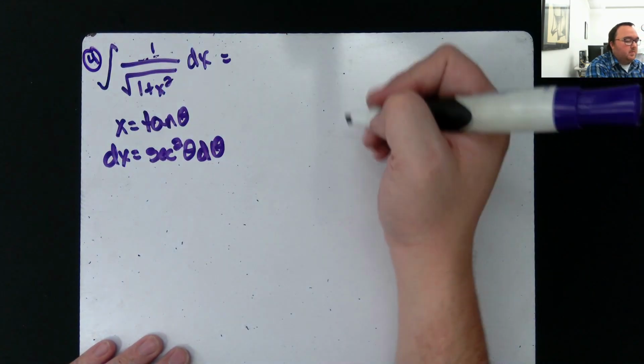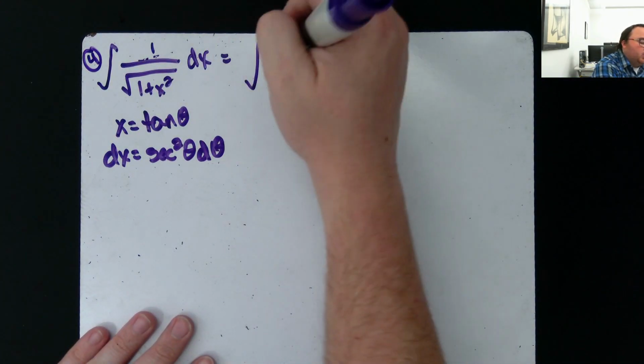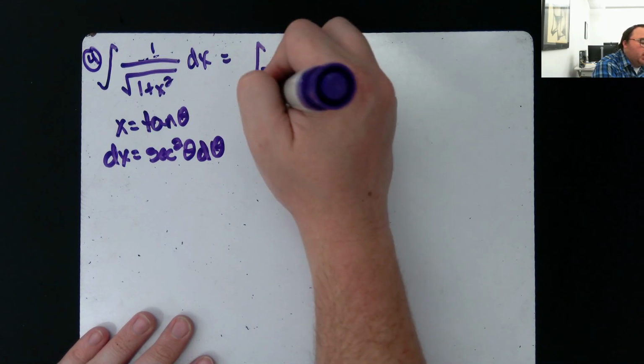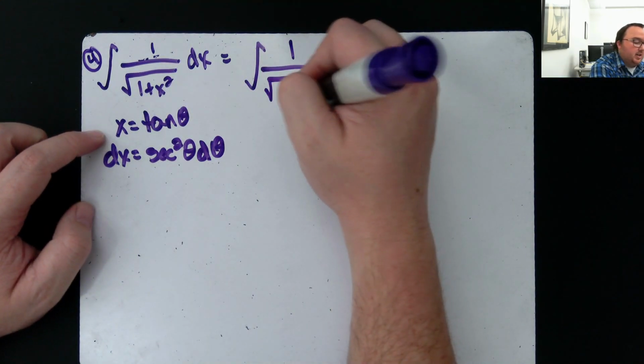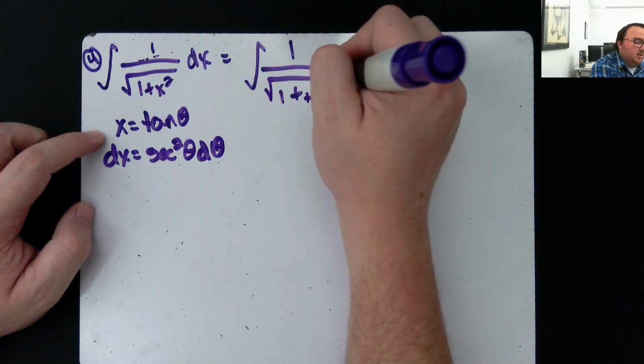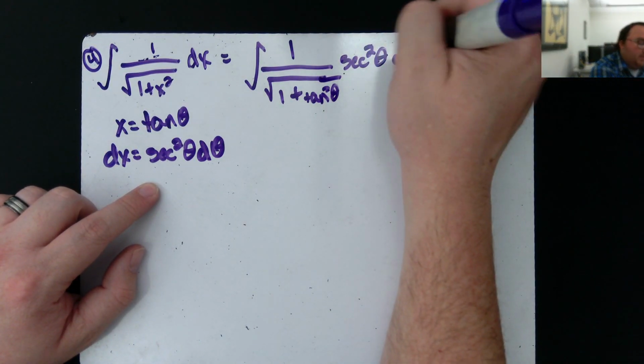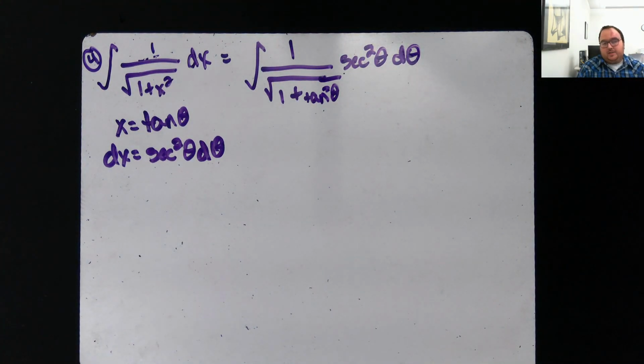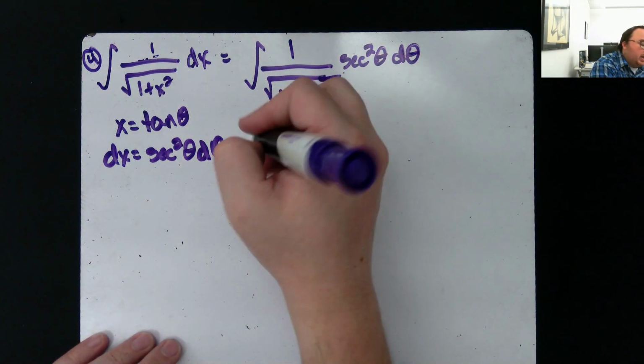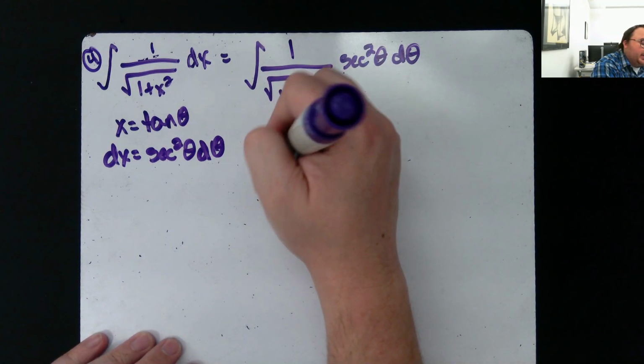Sorry about that. So this is going to be integral 1 over square root 1 plus, our x is tangent, so this is tangent squared theta. Dx we just said was secant squared theta d theta. So let's see if this will help us out. 1 plus tangent squared is equal to secant squared.